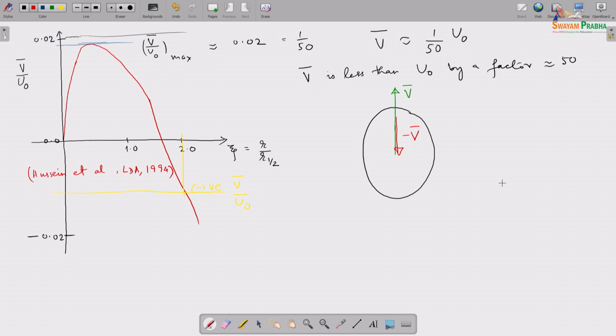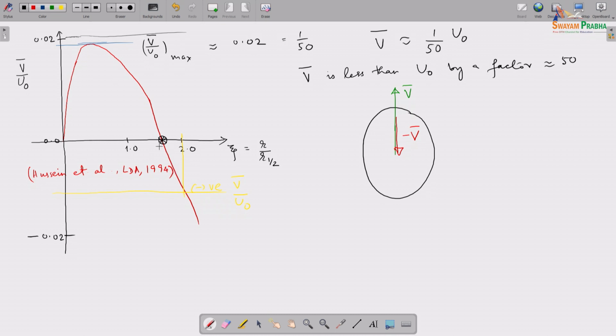So at this location there is a positive value of V, and then it reaches 0 and then becomes negative.